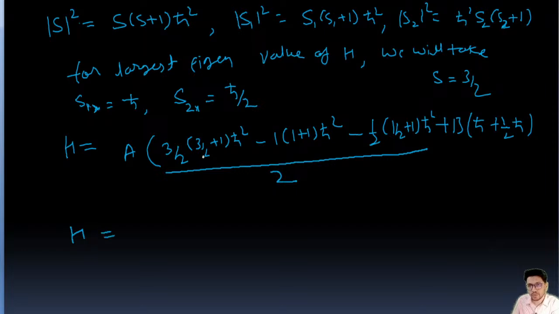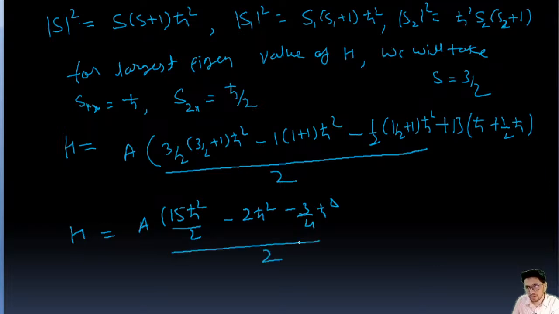So H is going to be, we'll calculate this. This is 3 by 2 plus 1, 5 by 2, that is 5 3s are 15. So a into 15 h cut square by 2 minus this is 2 h cut square, and this is 1 by 2, this is 3 by 2, 3 by 4 h cut square upon 2, plus b, this is going to be 3 h cut by 2, right? So we'll solve this.